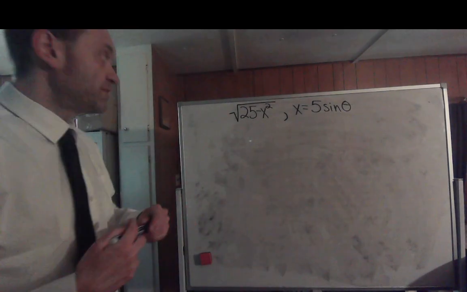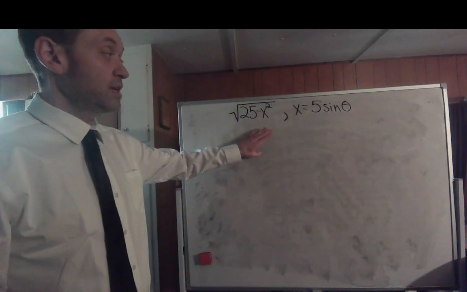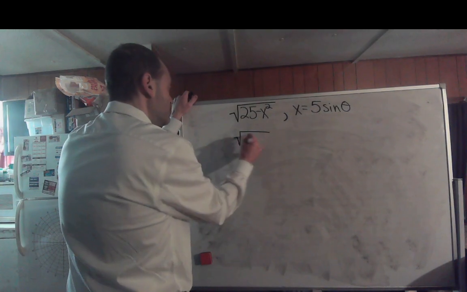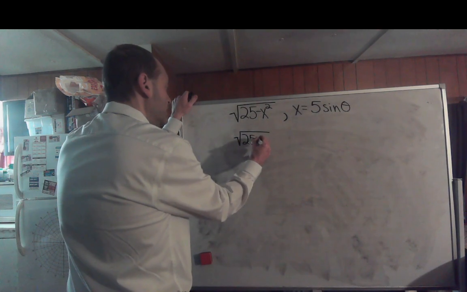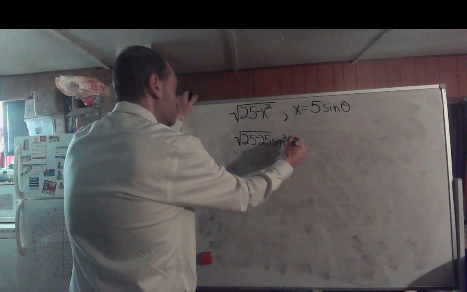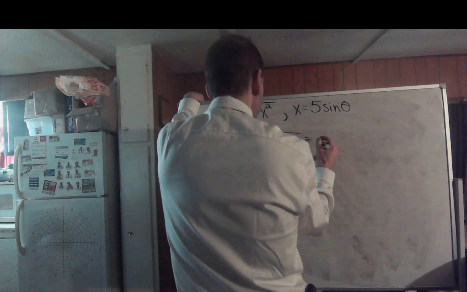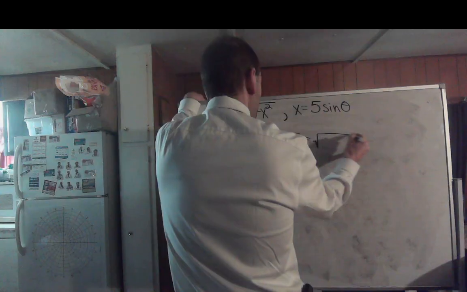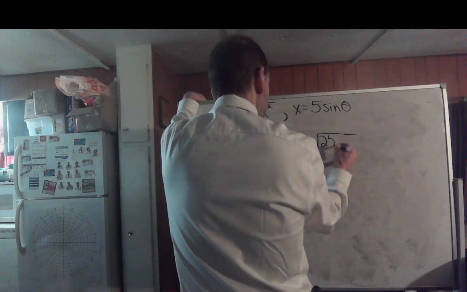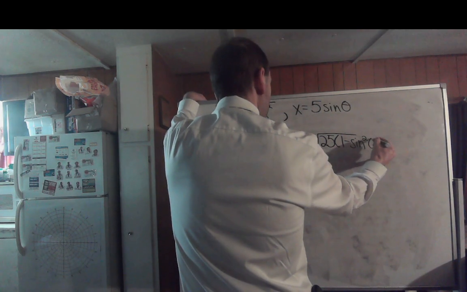Well, if you put in 5 sine of theta, you'll end up getting 25 minus 25 sine squared of theta. So let's do that. This would turn into the square root of 25 minus 25 sine squared of theta, which would break down into the square root of 25 times 1 minus the sine squared of theta.